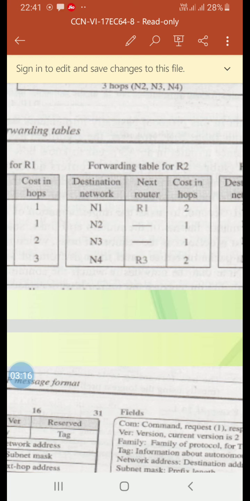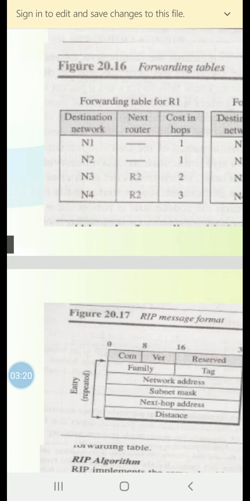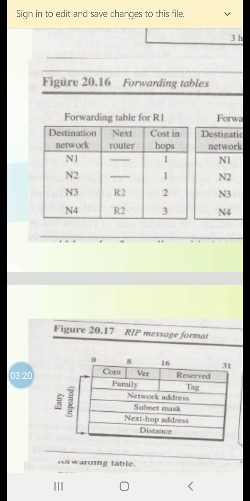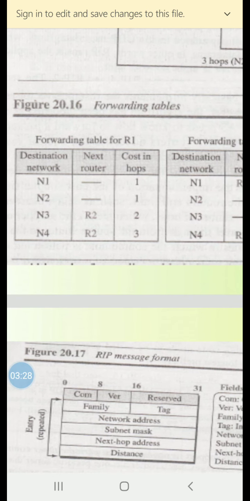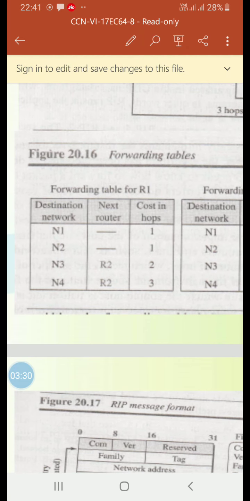The forwarding table in RIP is a 3-column table: destination network, next router, cost in hops. The first column is the address of the destination network. The second column is the address of the next router to which the packet should be forwarded. The third column is the cost to reach the destination network.